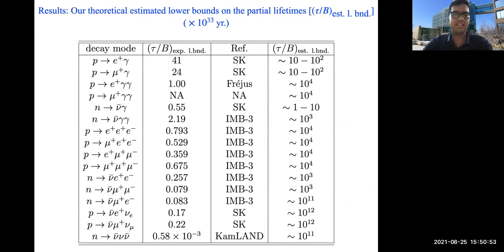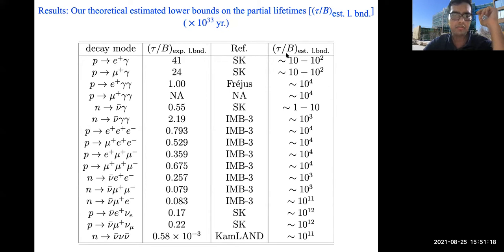So this is our result. We have extracted a factor of 10 to the power 33 here. These are the different decay modes. The second column represents the experimental lower bound on the partial lifetime. And the fourth column is our estimated lower bounds. And these bounds of IMB3 were much older. They were not updated.